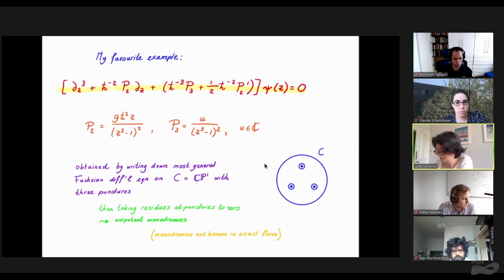So this seems to be a very fundamental, elementary example of a third order differential equation. But almost nothing seems to be known about it. There are no special functions. The monodromies are not known. All in contrast to the k = 2 equation, the hypergeometric equation.